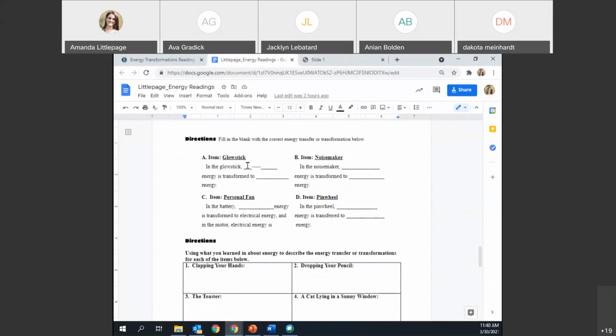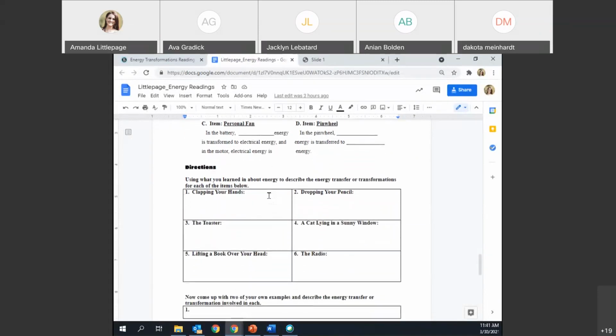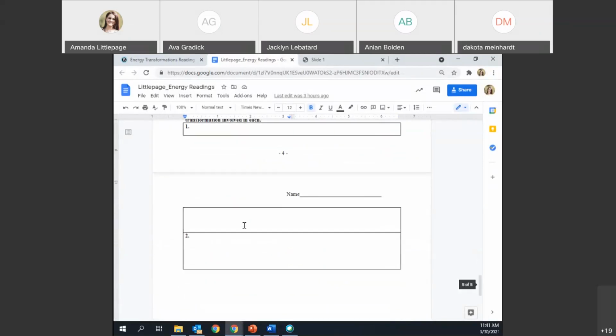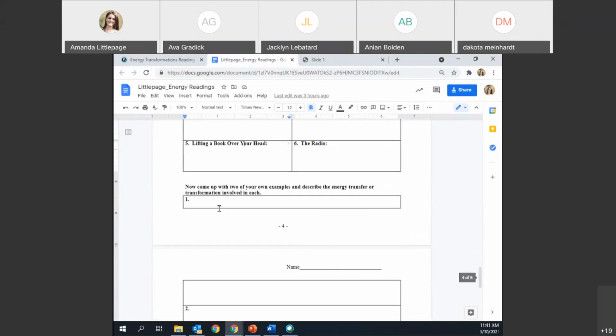But remember, glow sticks are chemicals. You crack them, they mix, they produce light. So you would say in a glow stick, chemical energy is transferred to radiant energy. And then the very last one, you guys are just kind of describing the energy released in these different scenarios. And then on the very last question, you come up with your own examples.